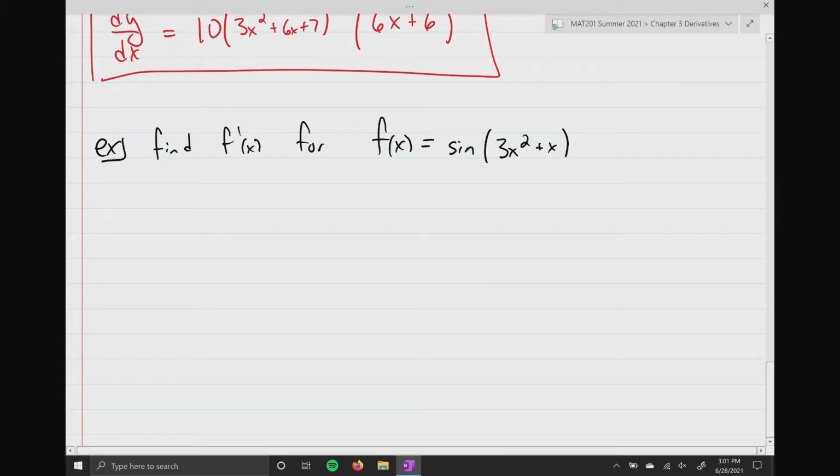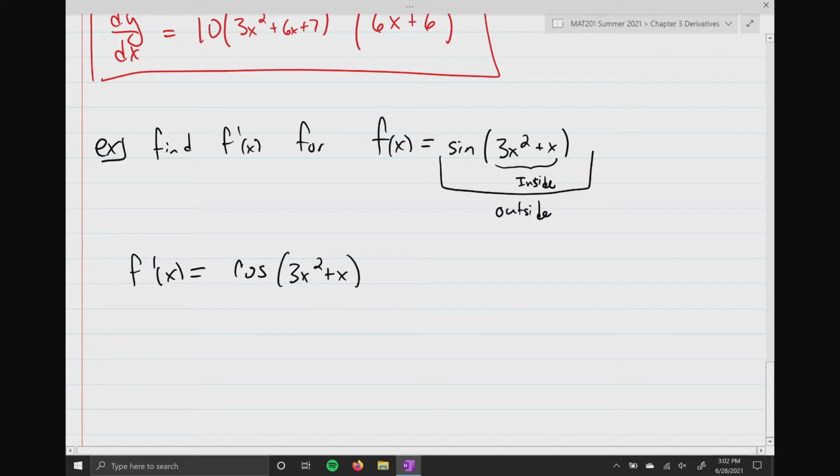So, if I think about this here, that's my inside function. And then the sine function itself is my outside. So the derivative is going to be the cosine of 3x squared plus x multiplied by the derivative of the inside, which is just 6x plus 1.